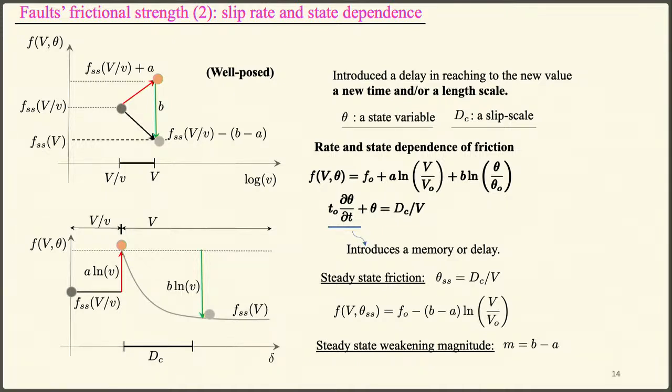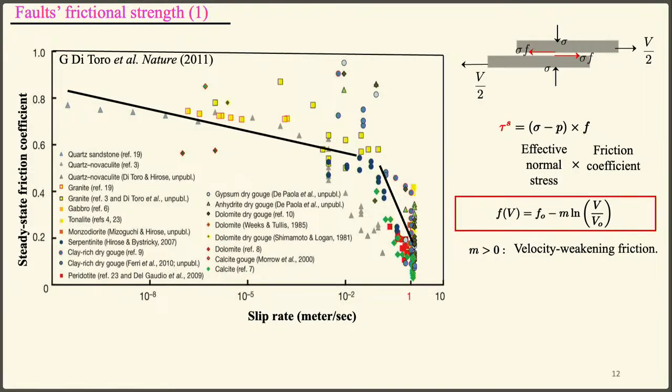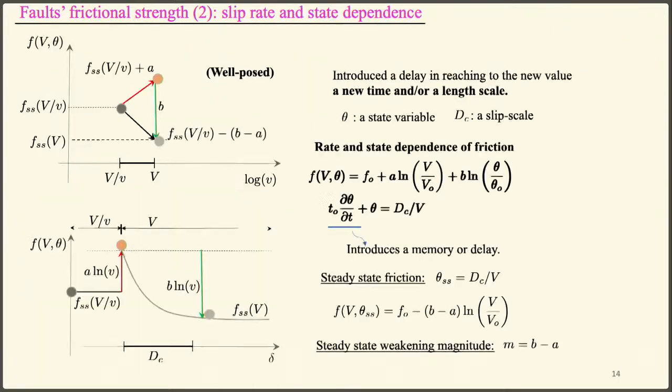You can plot the same thing with respect to slip. Suppose the rock samples were initially sliding at one velocity and later at a little bit higher velocity. First the samples were sliding at this velocity, and then we multiply by a factor and slide at a higher velocity.